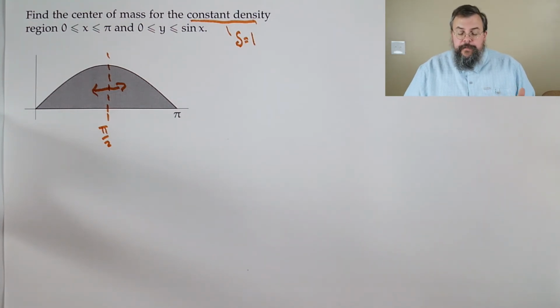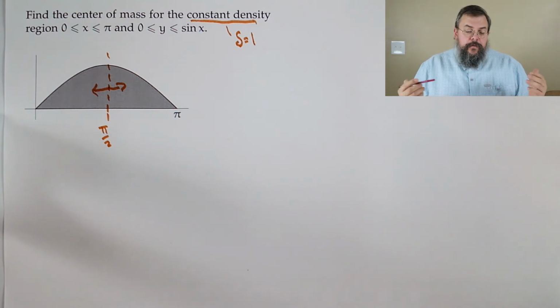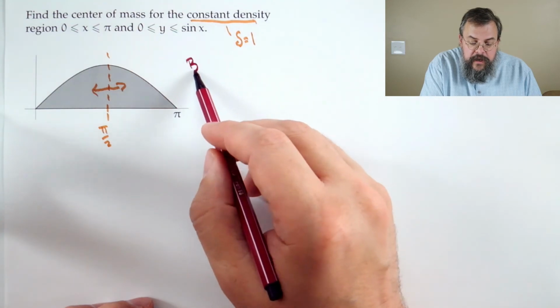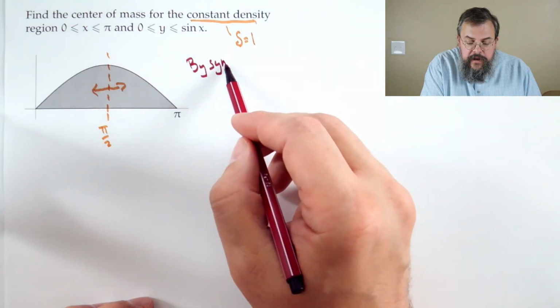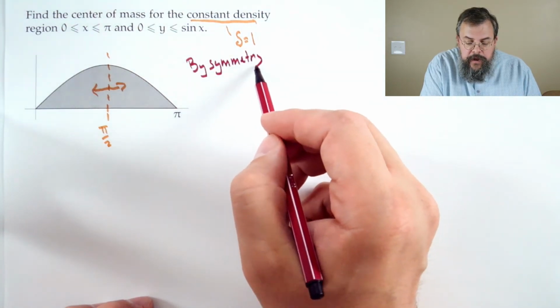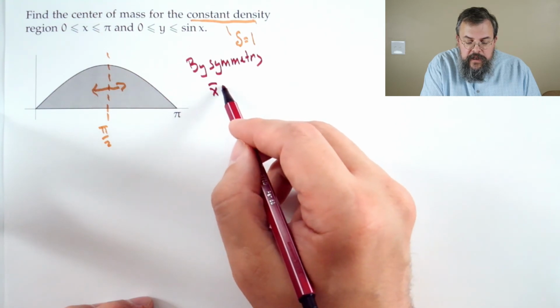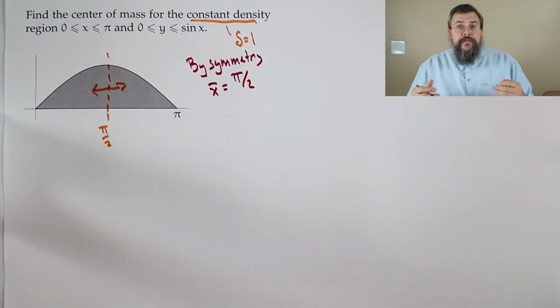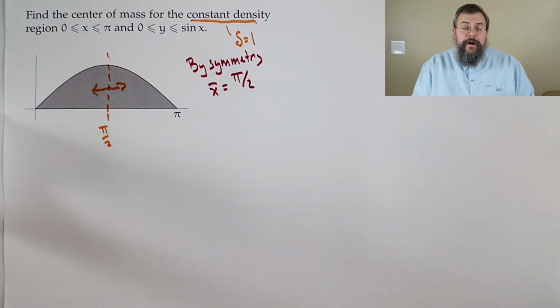Now, what comes next? Well, by symmetry, we should make note here that the x-coordinate is pi halves. So the only thing left is the y-coordinate, which is where we're probably going to spend most of our time.